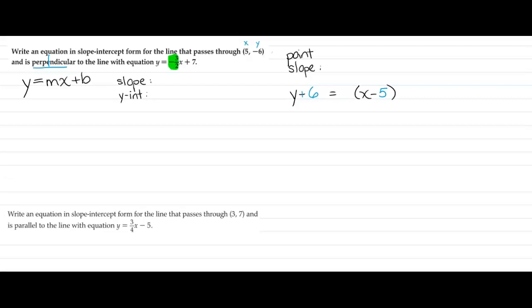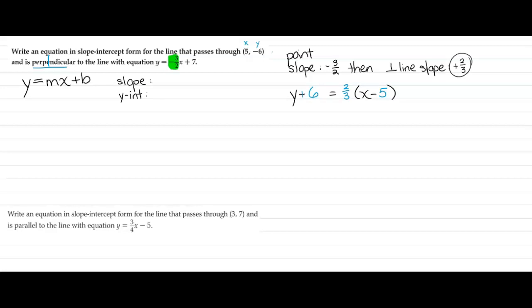If that slope is -3/2, then the slope of the perpendicular line is going to be the opposite, so positive, and we flip it, 2 over 3. Since we want it to be perpendicular, that is our slope.